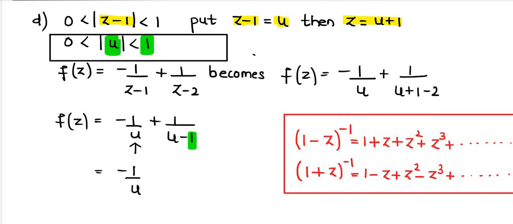There is no expansion for the first term. Take 1 as common factor, so you will get u minus 1. But I told you, whenever we are going to make use of these expansions, 1 must be as a first term. So here in the second term we are taking minus common, so that we can make use of that expansion.